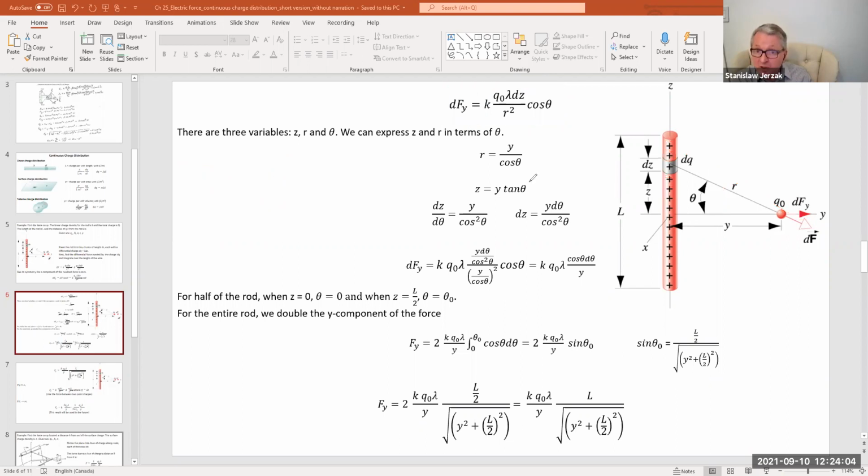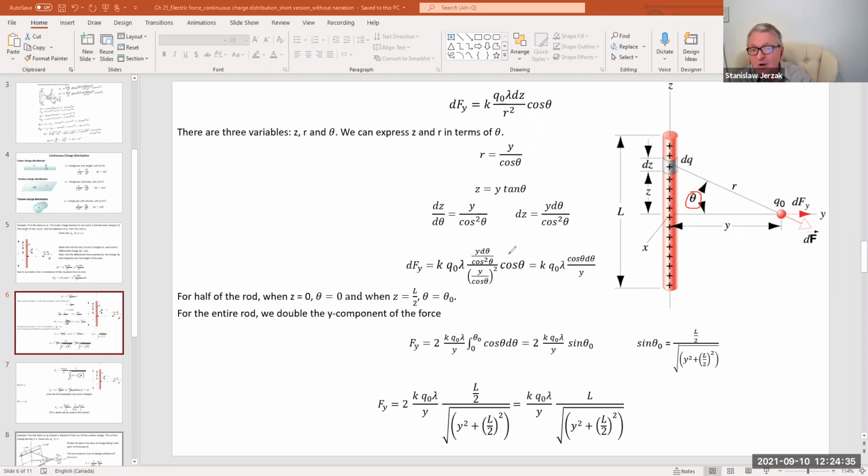And it's possible to do it because this triangle here reveals all the relations between z, r, and angle theta. And as you will see in a minute, the most convenient variable to do the integration is not z, is not r, it is actually this angle theta. To really understand why this angle is the most convenient, please give me a chance to explain a little bit more.